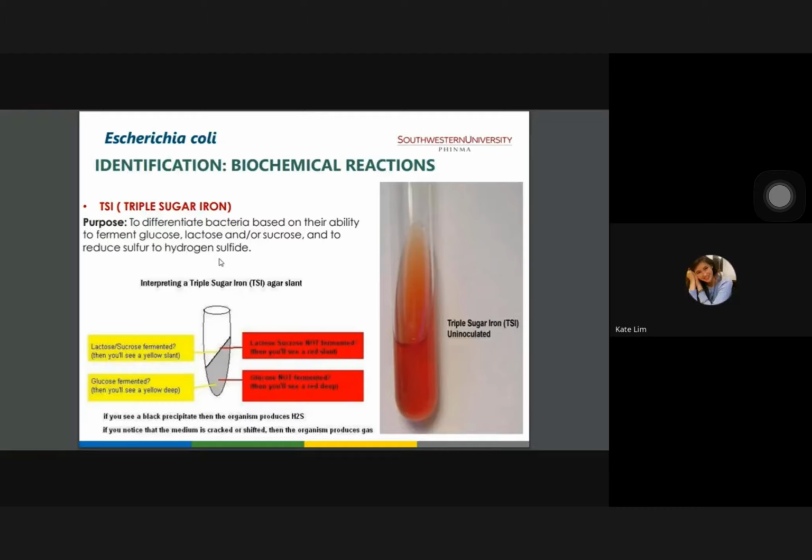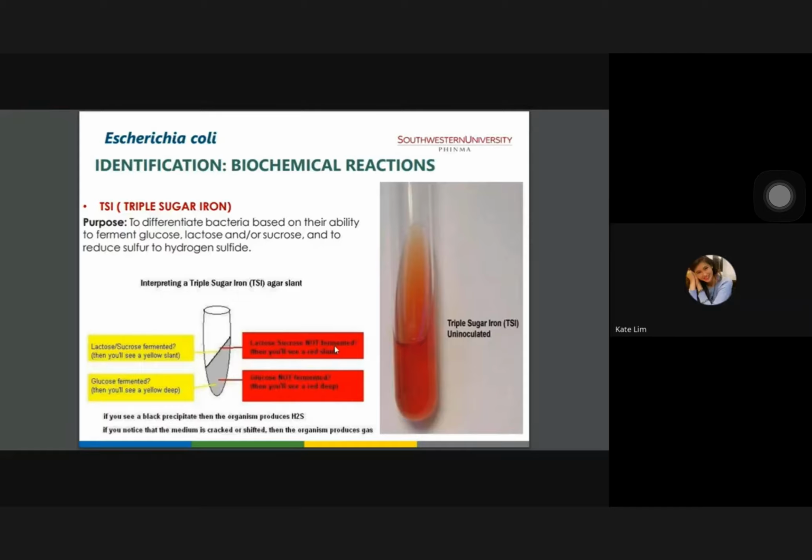Number three, your TSI would tell us that the bacteria has the ability to produce gas. Okay, so those are the three things that you need to remember when utilizing TSI: sugars, hydrogen sulfide, and gas. So let's go to the crucial step of your TSI.